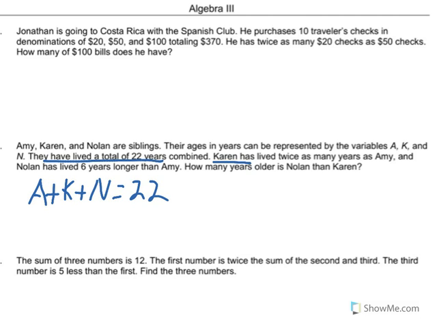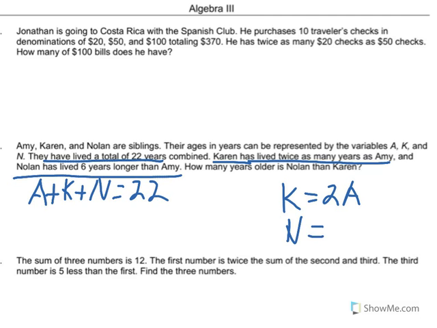Karen has lived twice as many years as Amy, so K is going to equal 2A. And Nolan has lived 6 years longer than Amy, so that's A plus 6.